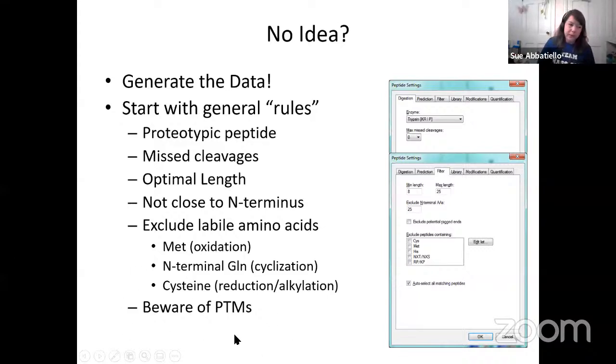So the point is to beware of post-translational modifications. You can usually look up and see if your protein may have glycosylation or phosphorylation, based on a consensus sequence or something where it's been determined to exist.